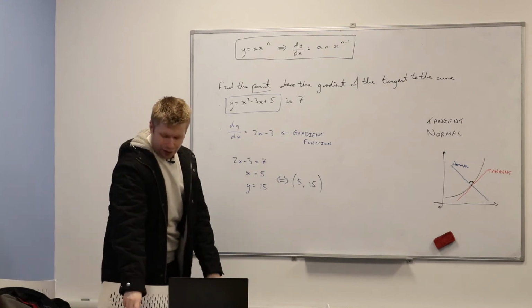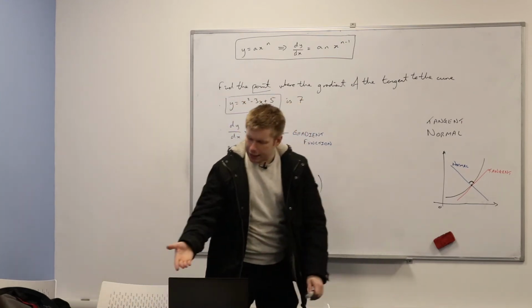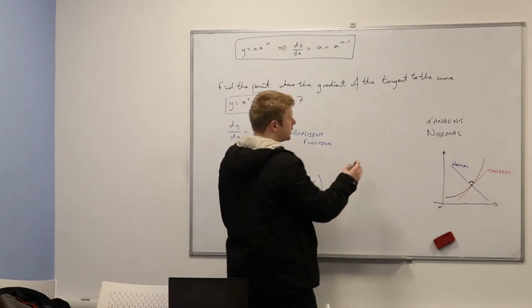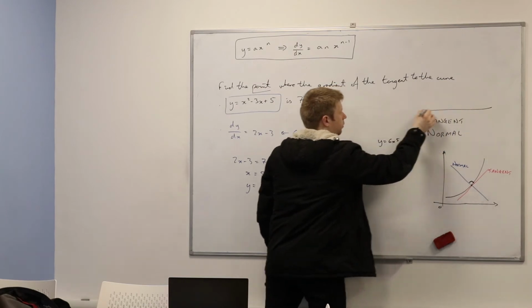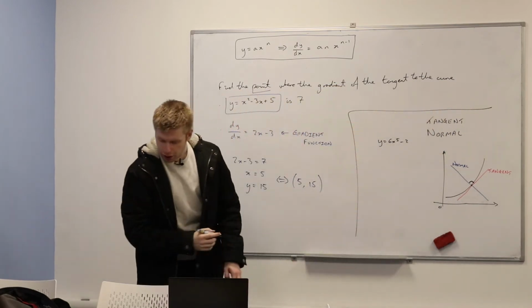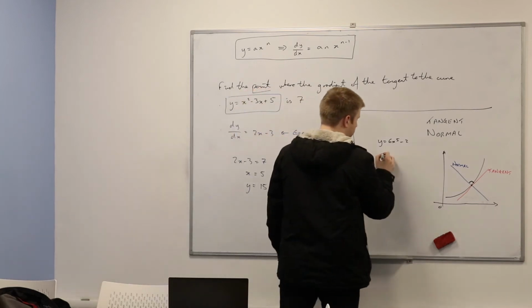So for question 3, we could probably quickly do this one. It gives you a curve, y equals 6x to the power of 5 minus 2, and it asks you to find the gradient of the normal at x equals 3.